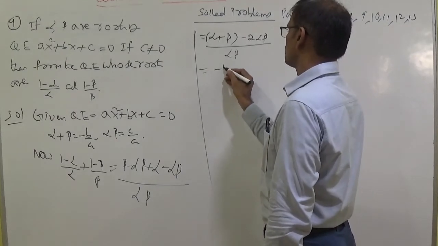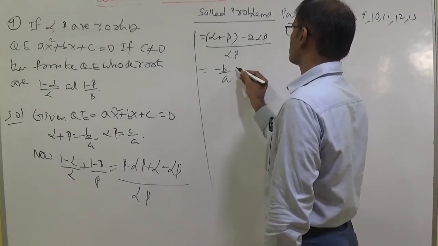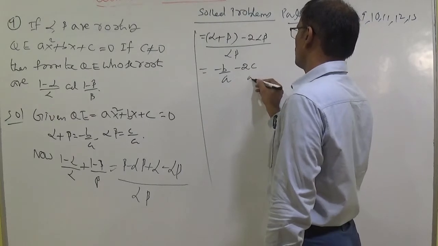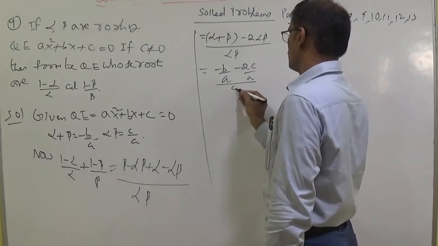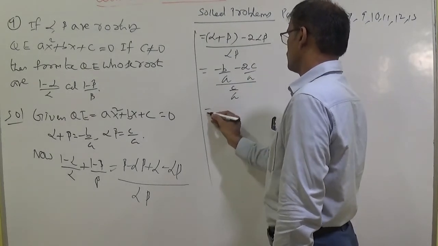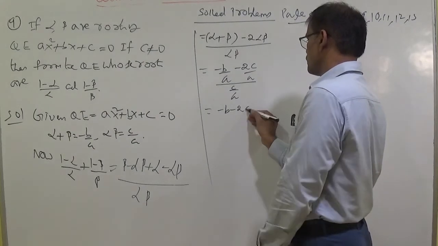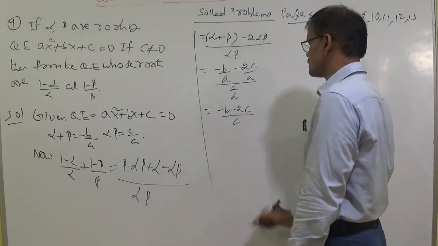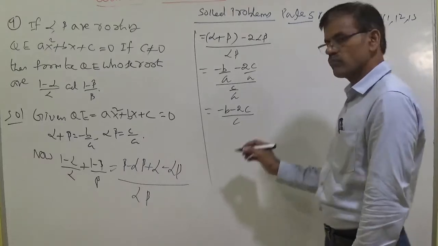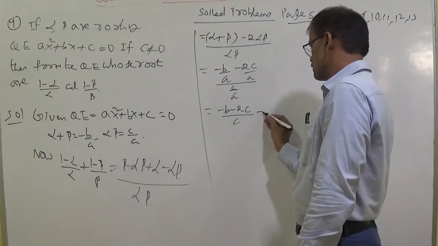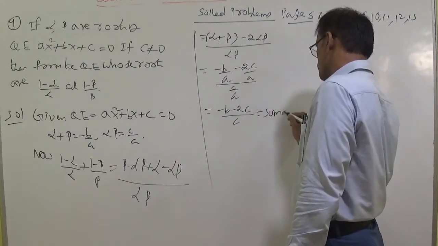Using the formula, alpha plus beta is minus b by a, and 2 alpha beta is 2c by a, and the denominator alpha beta is c by a. So now you can write minus b minus 2c whole by c. This is the sum of roots.